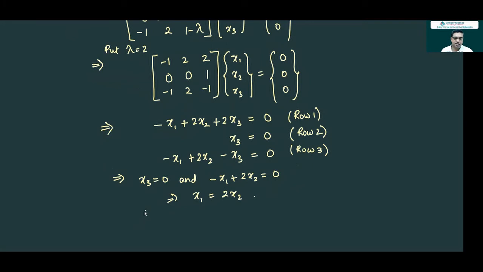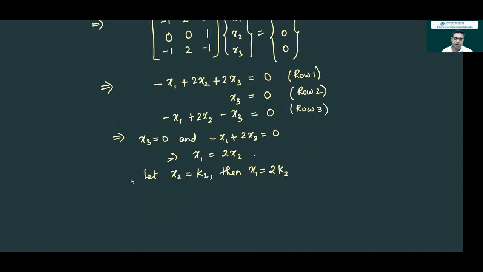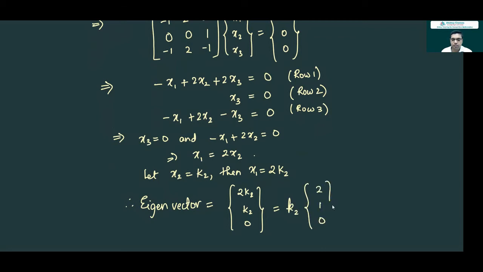So let x2 be equal to k2, then x1 is equal to 2k2. Therefore, eigenvector is 2k2, k2, 0. So k2 can be taken common. You get 2, 1, 0. 2, 1, 0 is your eigenvector.